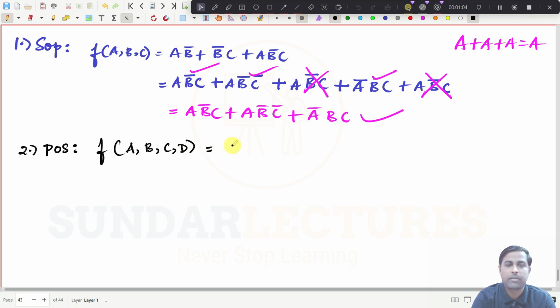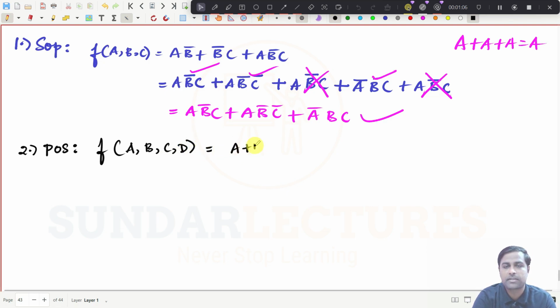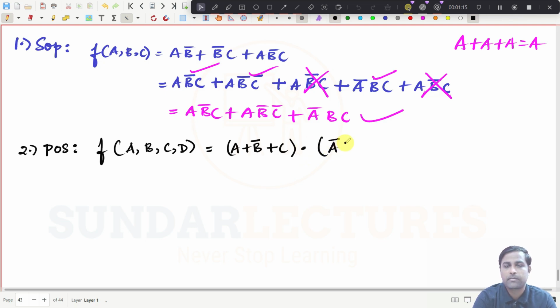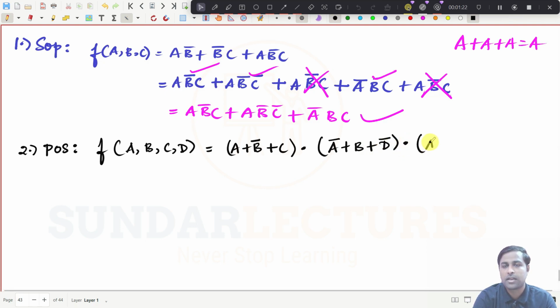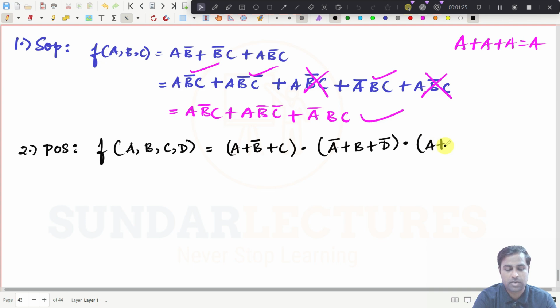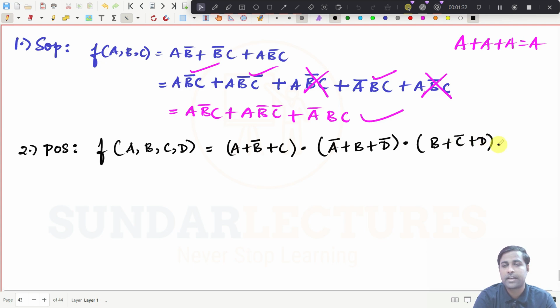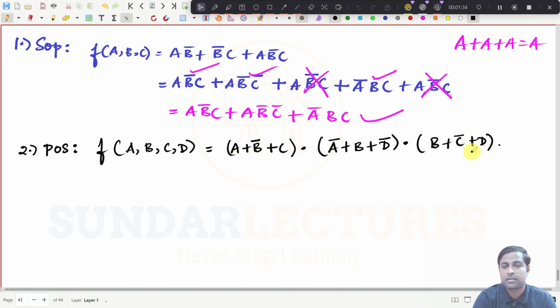Let me give (A plus B bar plus C) dot (A bar plus B plus D bar) dot (B plus C bar plus D), because this is a POS function, and you need to get this whole Boolean expression into canonical form.